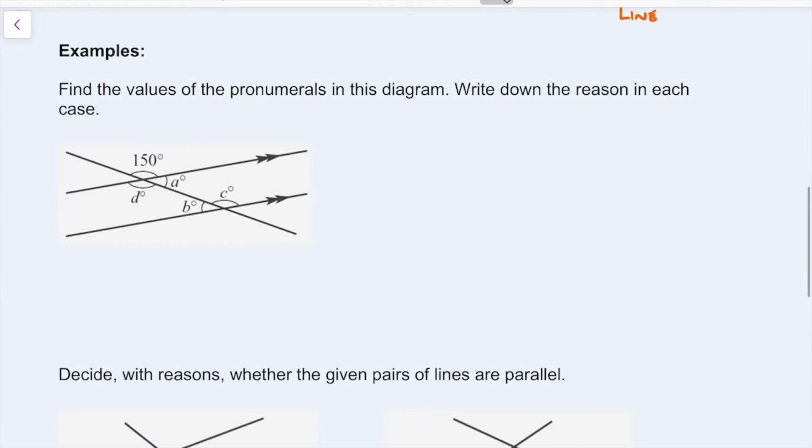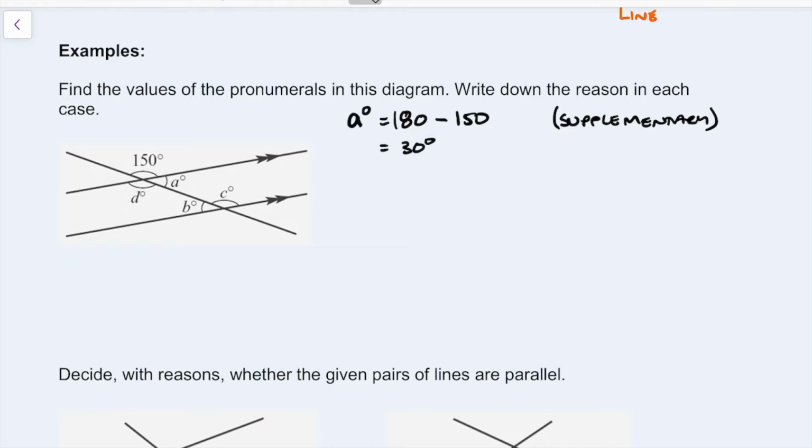Here's our first example. Find the value of all the pronumerals in the diagram. Write down the reason for each case. So let's look at A. A degrees will equal 180 minus 150 because these are supplementary, which means that A equals 30 degrees.